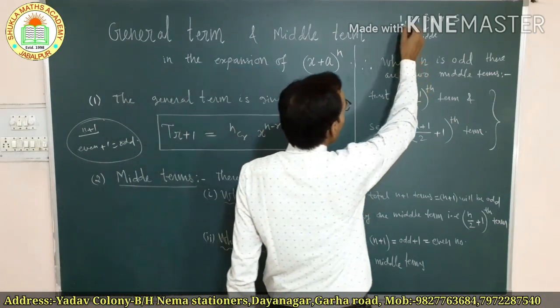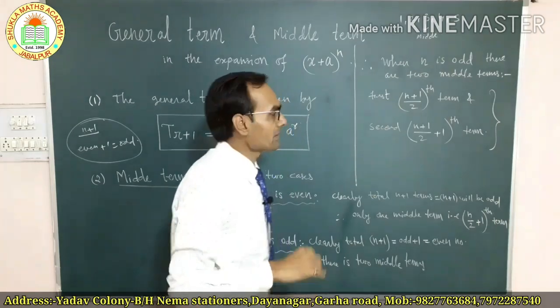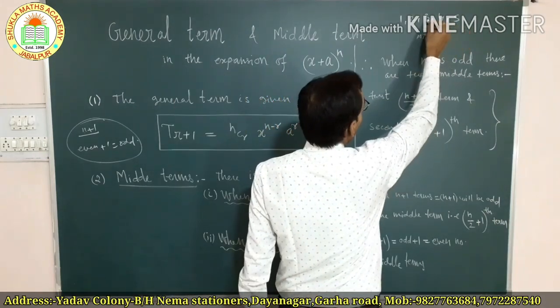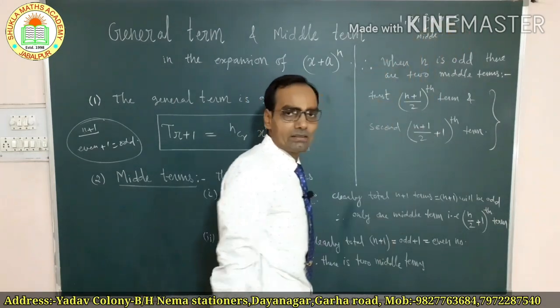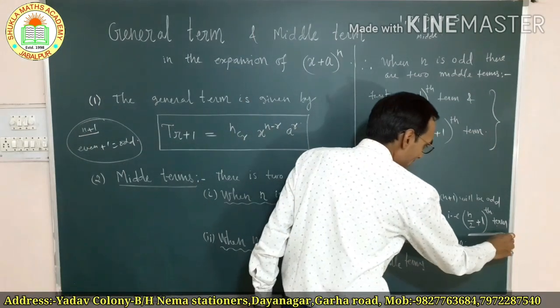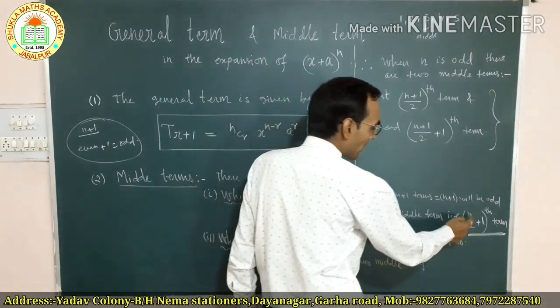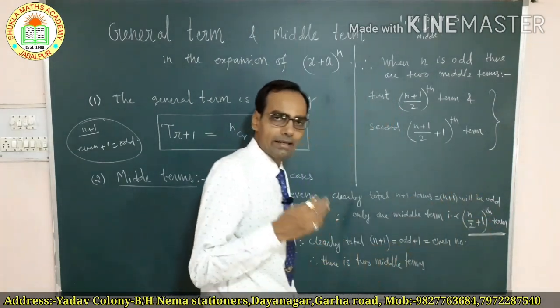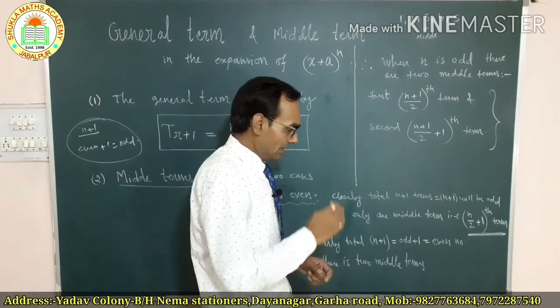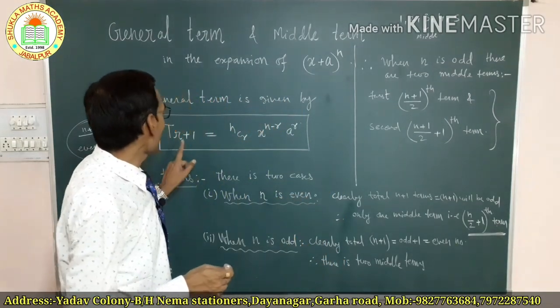For example, 1 2 3 4 5, that is 5 numbers, odd, so the middle term is the third. So if n is even, there is only one middle term, that is the (n/2 + 1)th term. If n is known, we can easily find this term by using the general term formula.